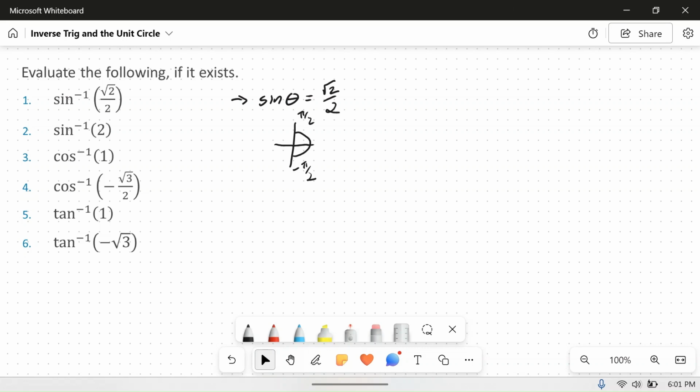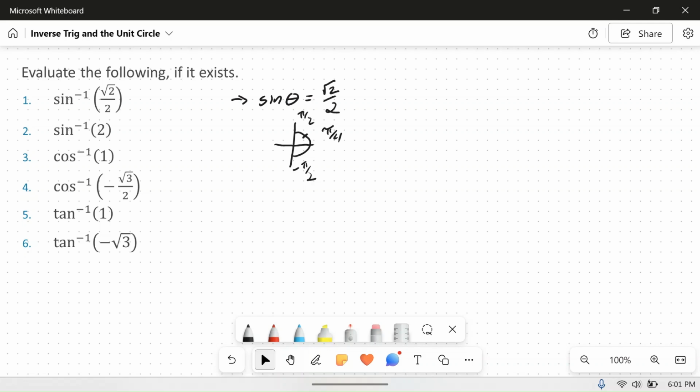So the first quadrant, from 0 to positive pi over 2, would be where we have a positive sine. And from negative pi over 2 to 0, the fourth quadrant, would be if we had a negative sine. But again, in this case, we're trying to find where sine is equal to a positive root 2 over 2.